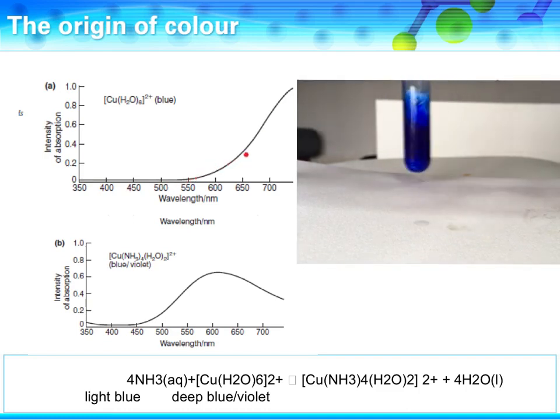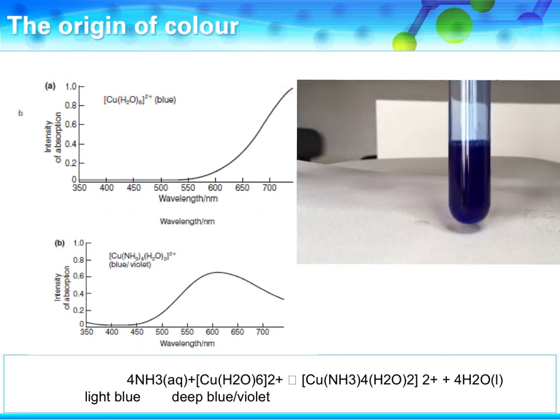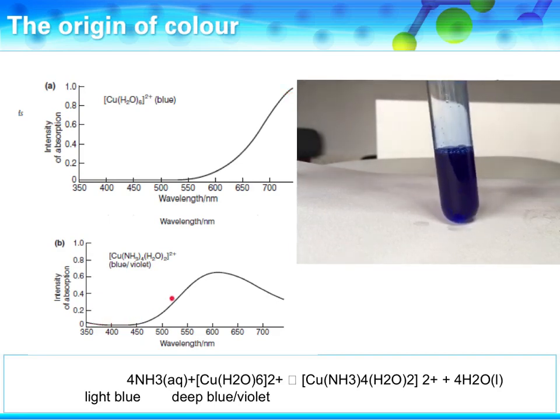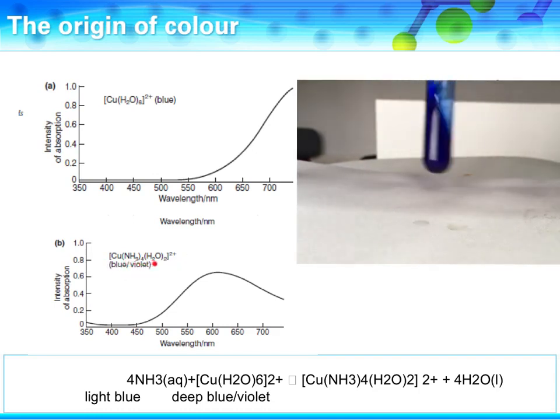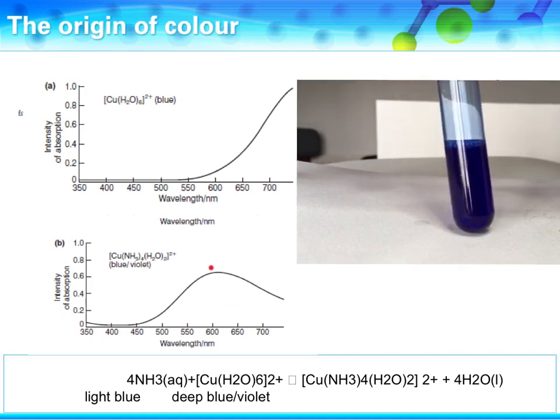This is the absorption spectrum of the light blue solution, and this is the absorption spectrum of the blue-violet. You can see that the blue-violet complex here, the tetraammine diaqua complex, is absorbing at a shorter wavelength, so therefore a higher energy gap.